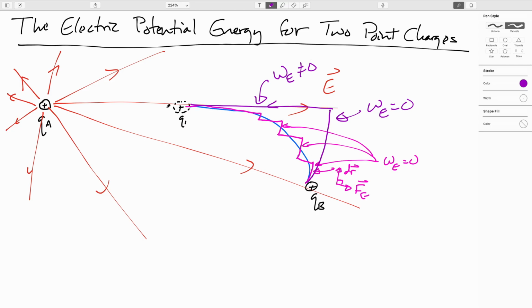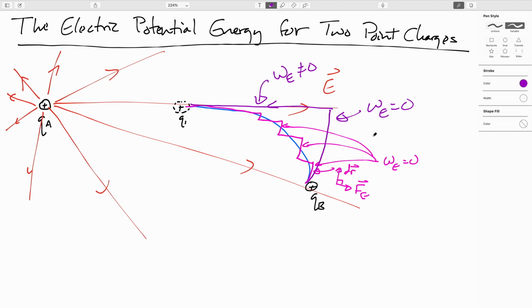And this will work for any path we choose. We can come up with a sufficient collection of zigzags that will amount to the same difference. So our strategy is to calculate this bit, and we've already found this bit here, so we really just need to find this piece right here.